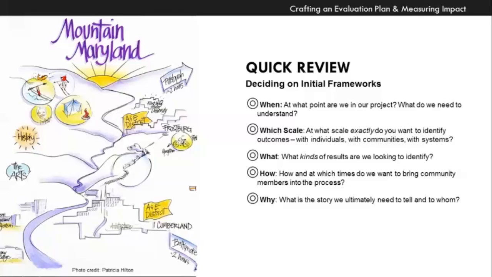Again, they will probably change, but choose a direction to enter in through. Maybe you want to look at knowledge building or attitude shifting or skill building. Maybe it's more about policy changes or practice changes. Then you also want to decide when and how is it that you'll bring the community in.